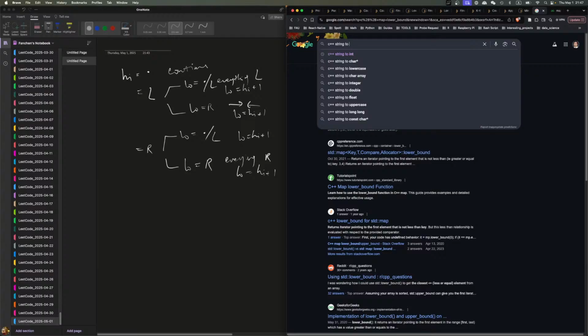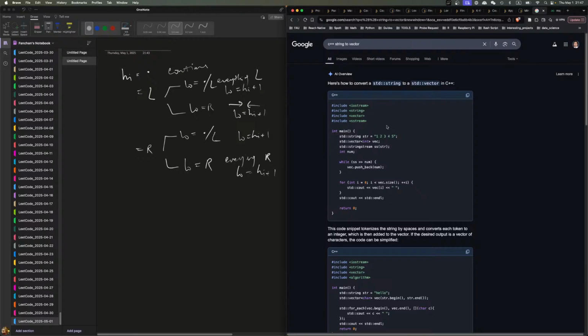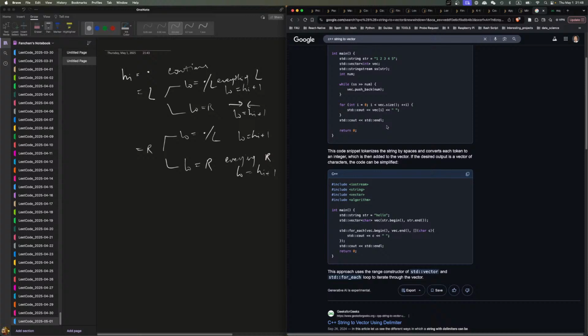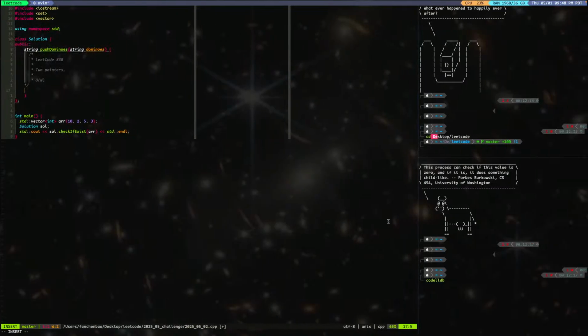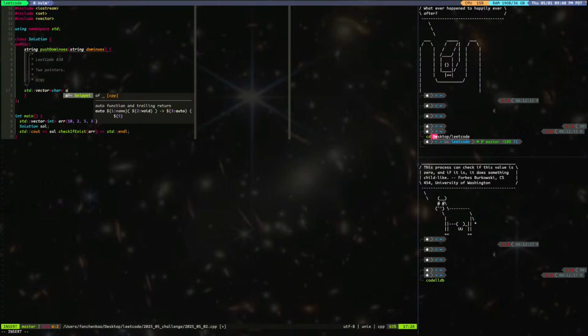String to vector. I like this one. So I can say vector of char vec from dominoes dot begin, dominoes dot end.